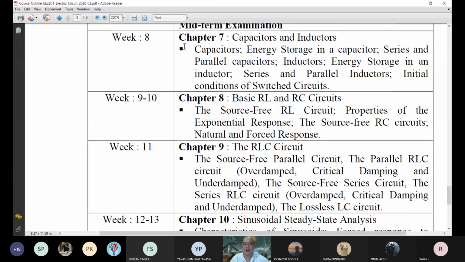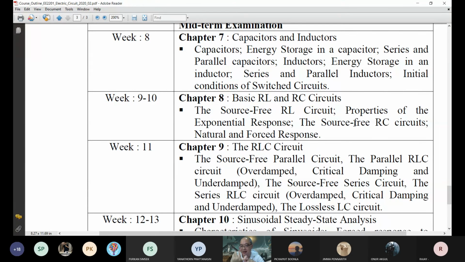Now, in chapter 7, I split into sub-questions, maybe 1.1 and 1.2. 1.1 discusses the capacitor. 1.2 is the inductor. For the capacitor and inductor topics, we have only 4 main quantities that we are concerned with.